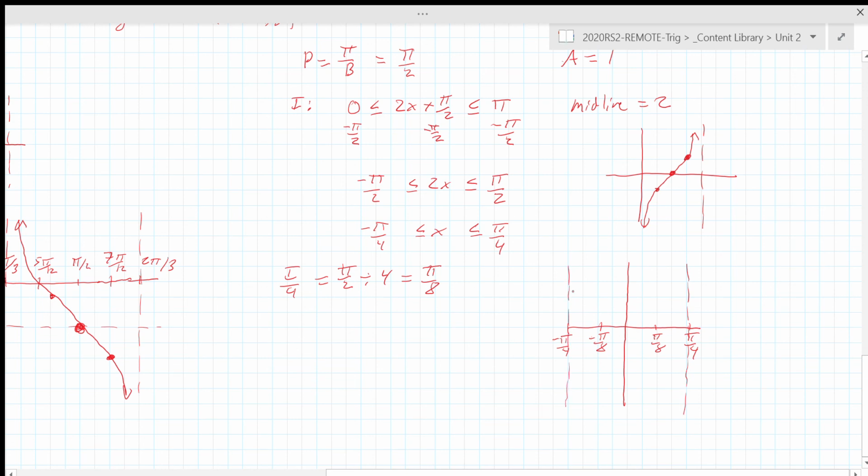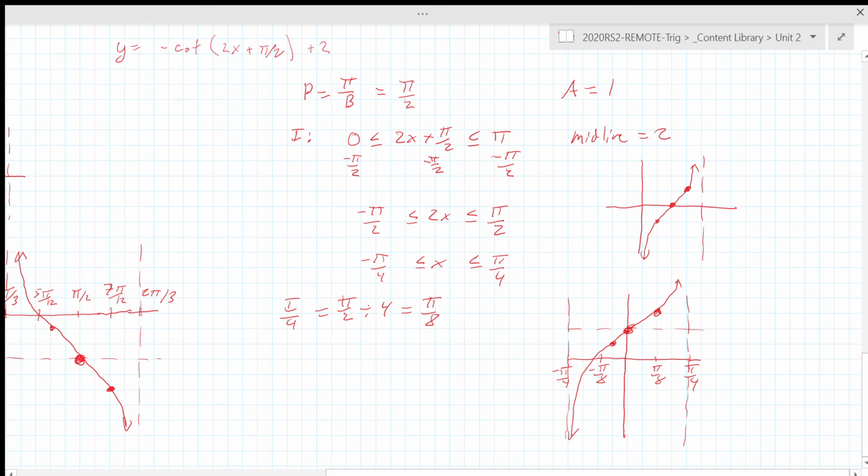And then we have a midline at 2. And the function will go through the midline at 2. And we're going to go up the amplitude to the right, down the amplitude to the left, and connect the dots and go towards those asymptotes. So there's our graph of negative cotangent 2x plus pi halves plus 2.